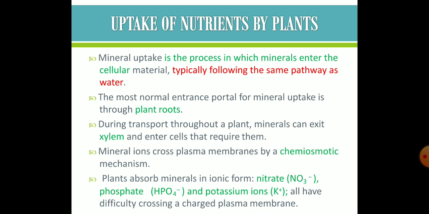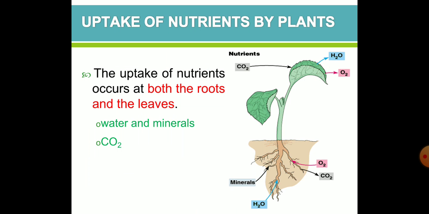Plants absorb mineral ions like nitrate, NO3 minus, phosphate, HPO4 minus, and potassium, K plus. Some are negative ions and some are positively charged. All have difficulty crossing the charged plasma membrane.